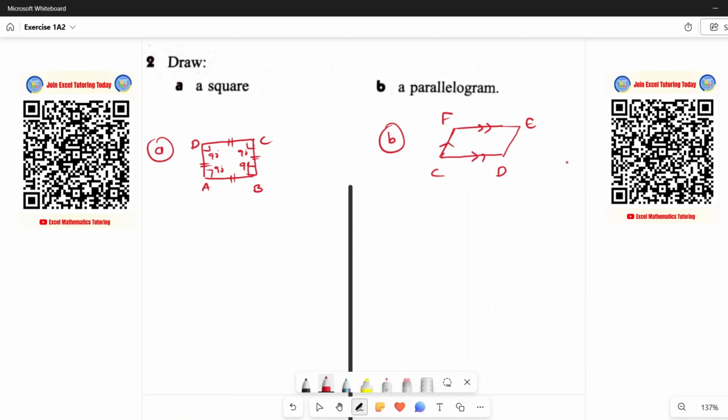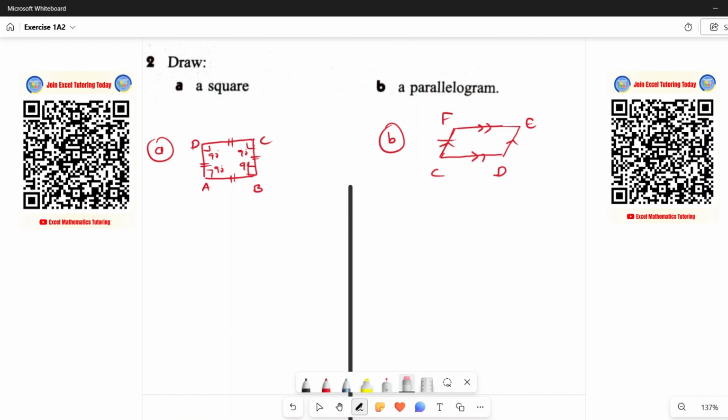These two sides are parallel, these two sides are parallel, and opposite sides are equal in length. So this we name a parallelogram.